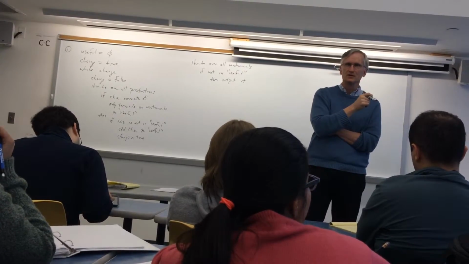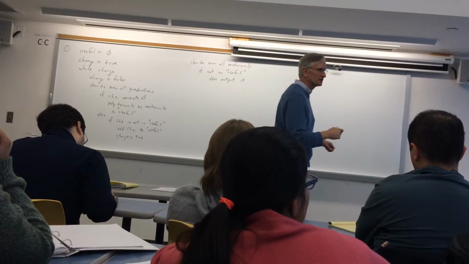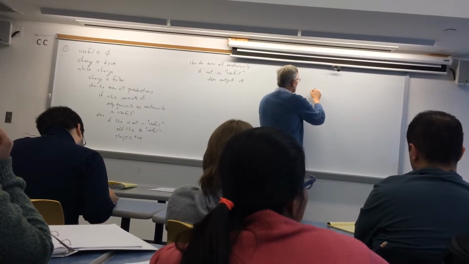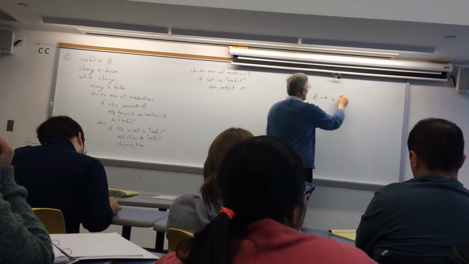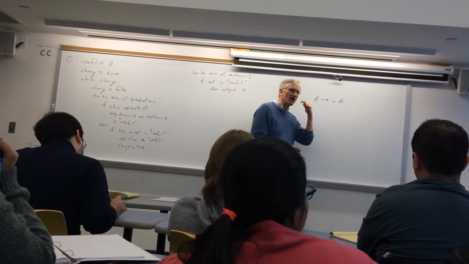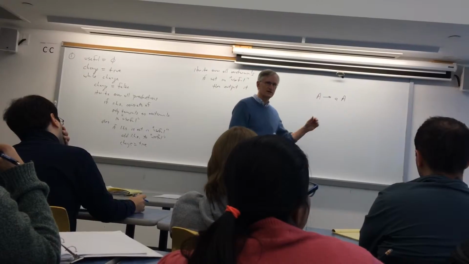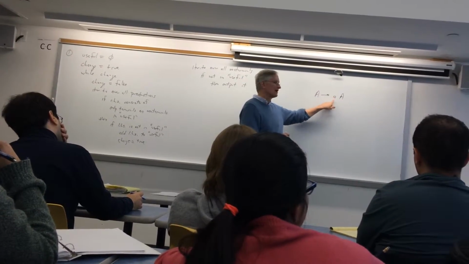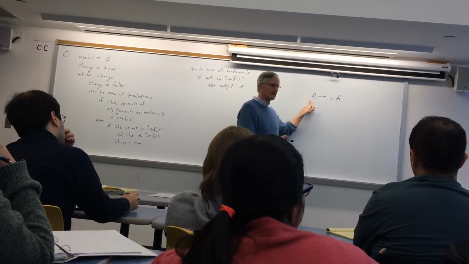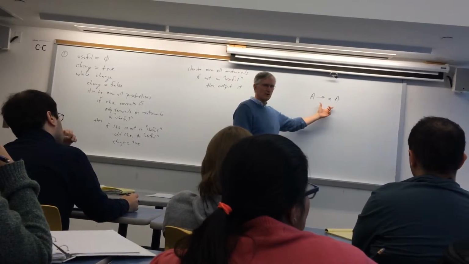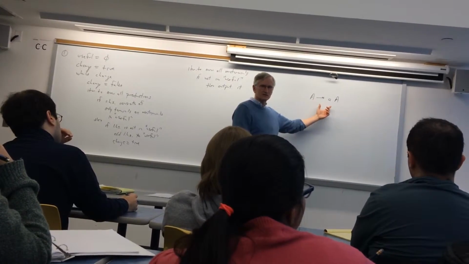That's true. But then I countered with this production. Isn't it the case that the first set calculation will report a being in the first set of big A, even though if there's no other production for A, this is useless?